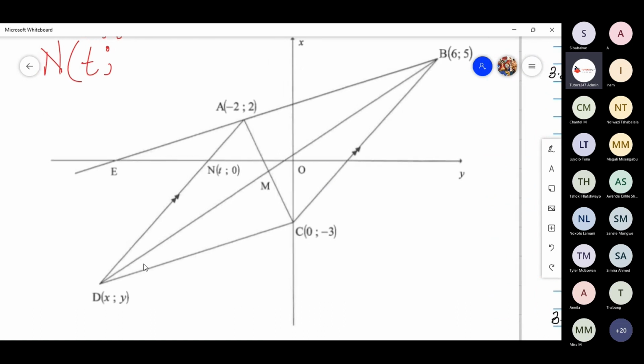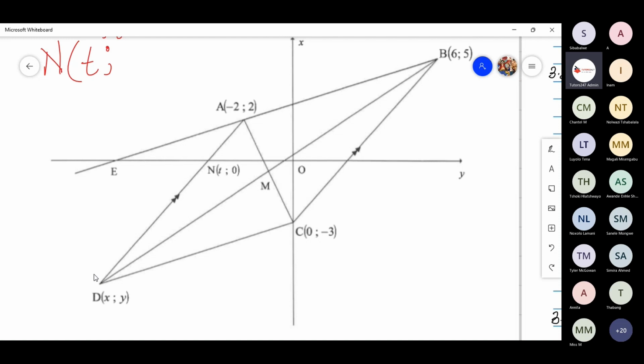We've already determined the coordinate of M, which was -1 and -1/2. And we have the coordinate of B, but we do not have the coordinate of D. I know we calculated it previously in one of the previous questions, but let's assume that right now we don't have it. So how would we calculate the coordinate of D using our midpoint?